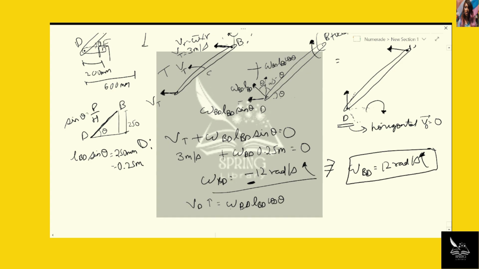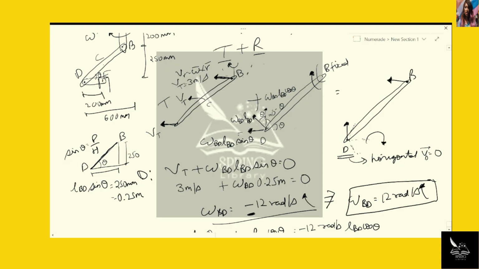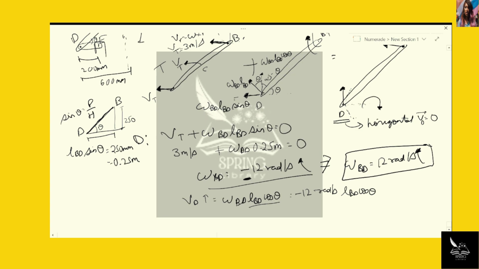Now since we know that omega BD from our assumed direction is negative, this will be minus 12 radians per second, and then LBD cos theta, whatever be the value, I don't care about the value right now, although you can easily get it from this triangle. But anyways, this will be like 600 millimeters, because the point directly below B is 600 millimeters. But anyways, we don't need that, so we won't find it out.